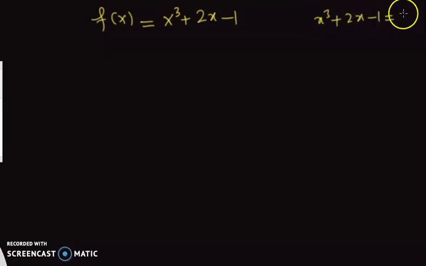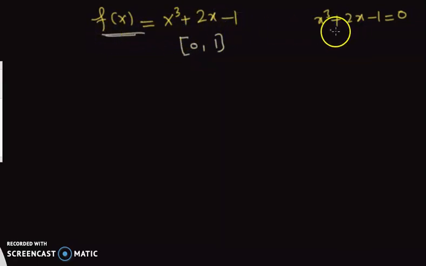Let's implement this idea. I'll consider a function f of x equal to x cube plus 2x minus 1. I want to see whether there is a root of this equation, or whether there is a 0 of this function on the given interval.